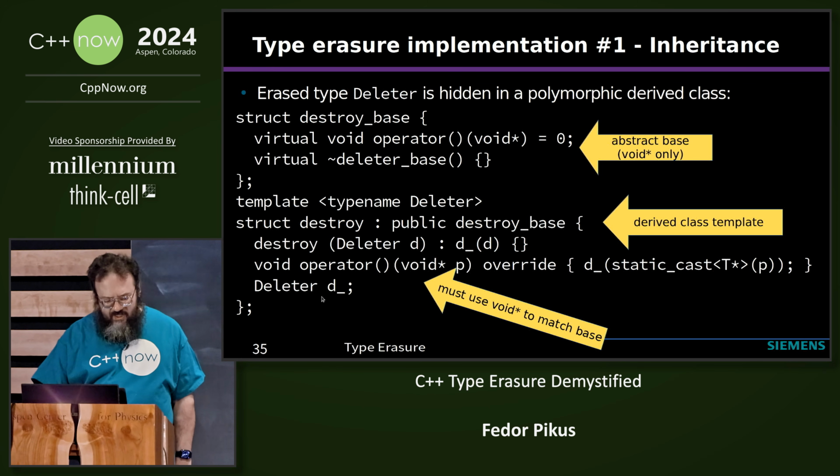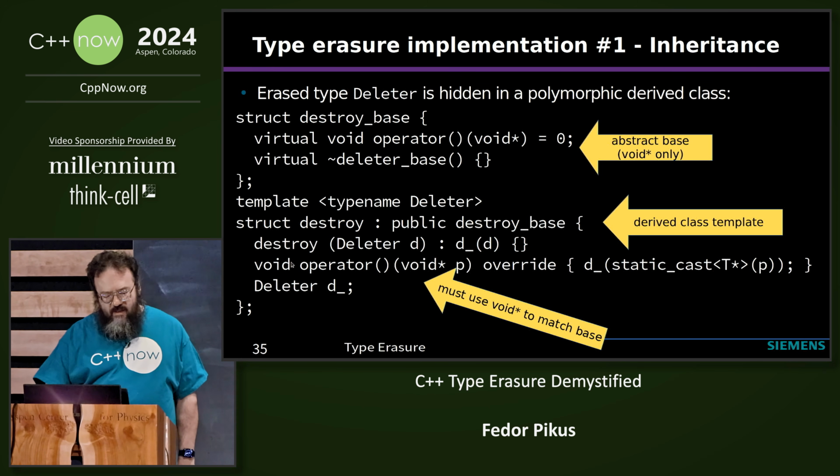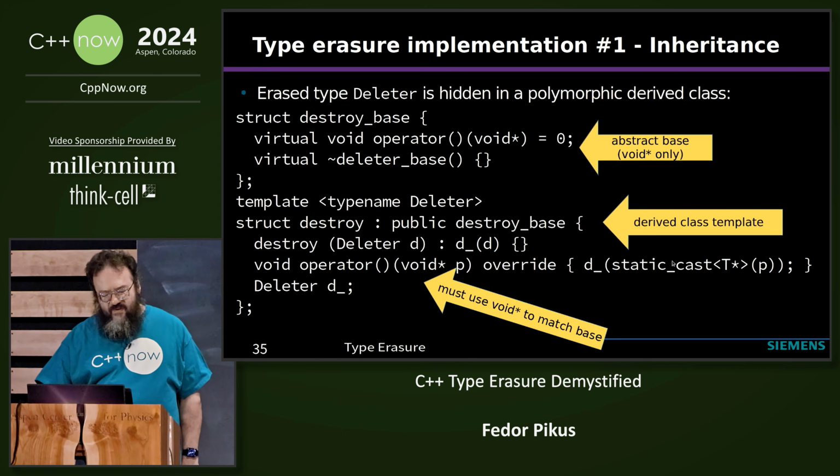And then my operator paren, the interface is fixed. Even though I know what the deleter is at this point, I can't use it here because it overrides this function. But I can reify the type.